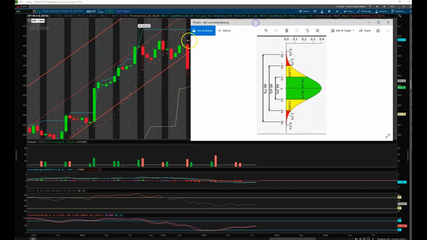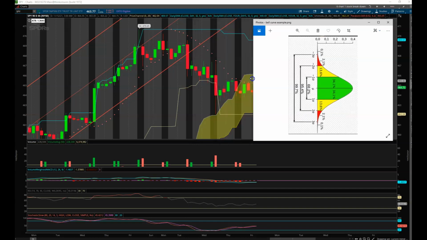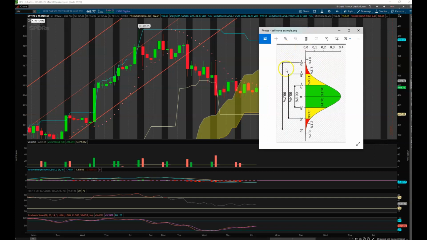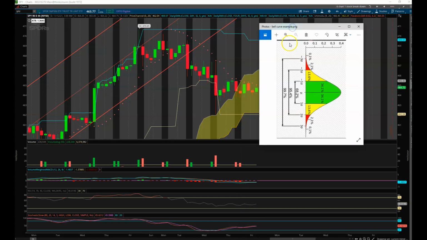So if we place it on its side, I should have cropped this. If we place the bell curve on its side, and let's say that the mean of the SPY is right around this 464 area, we can get a pretty good statistical analysis of us returning to the mean, or at least somewhere around the mean.